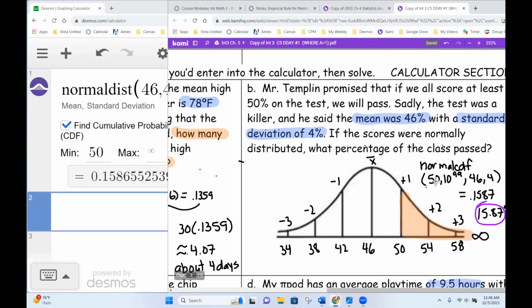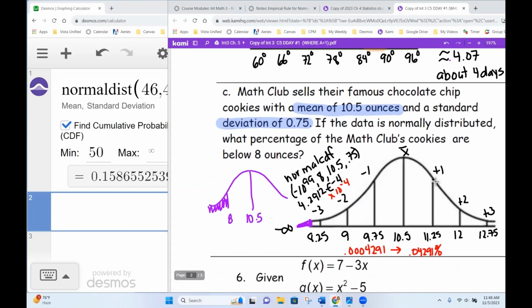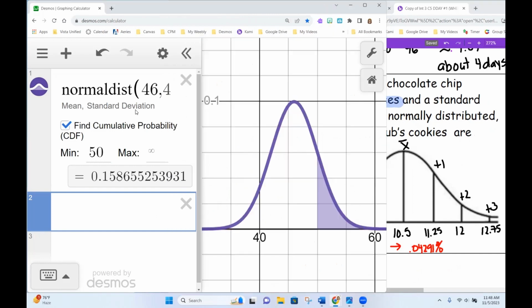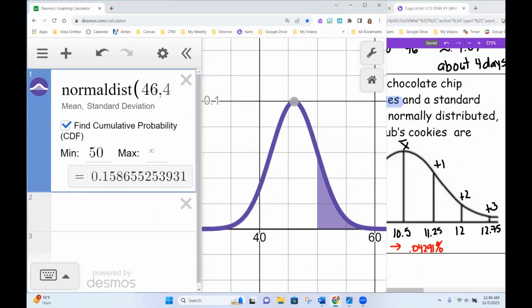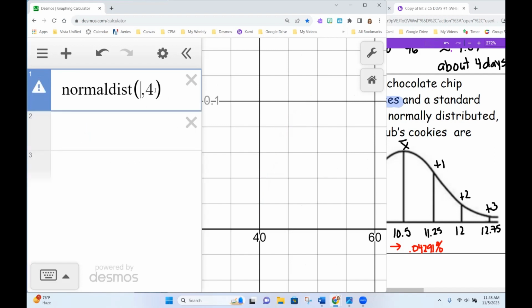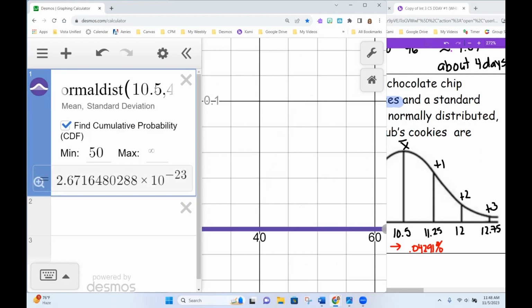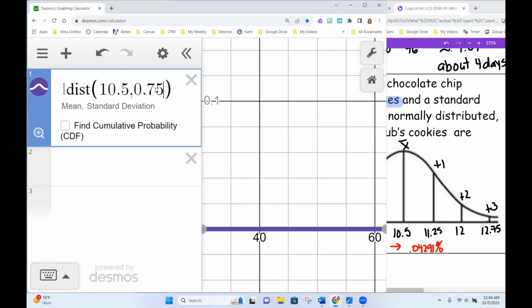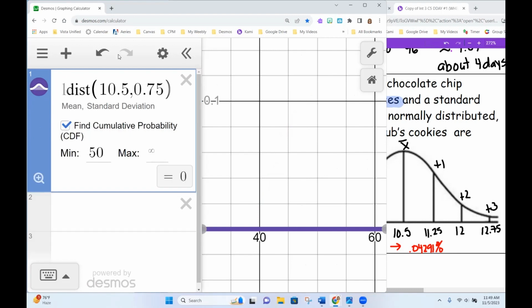Now, the next one, we had a mean of 10.5 and a standard deviation of 0.75. So a mean of 10.5 and a standard deviation of 0.75. Let me just get rid of that for a second and clear that.